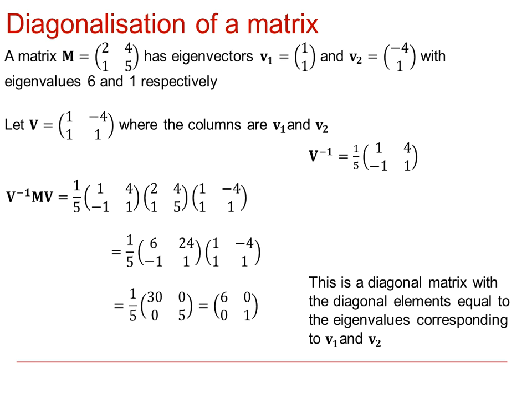So taking the matrix V, which is made up of the eigenvectors in its columns, calculating the inverse of V, and then V inverse MV, we end up with a diagonal matrix D, where the elements on the leading diagonal are the corresponding eigenvalues to the eigenvectors V1 and V2.